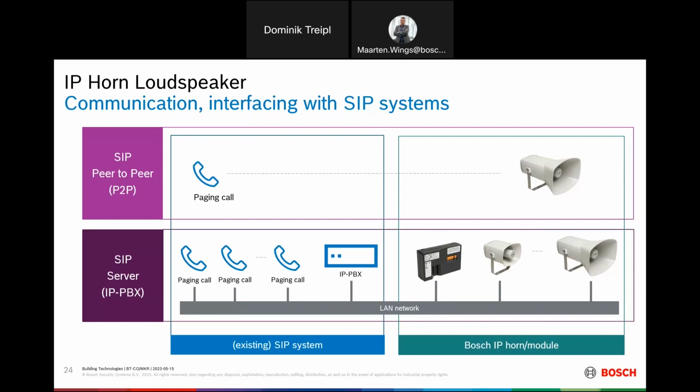In the IP horn and in the AMP module, you can create two types of accounts: the peer-to-peer account, applicable for direct SIP phone to IP horn communication, and also the registrar account, applicable if the IP horn is connected to a SIP server.